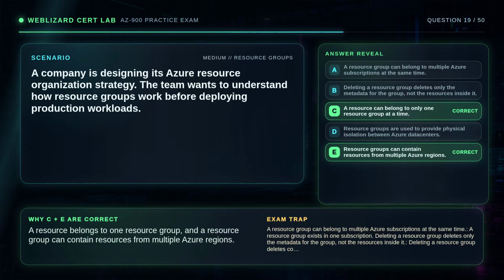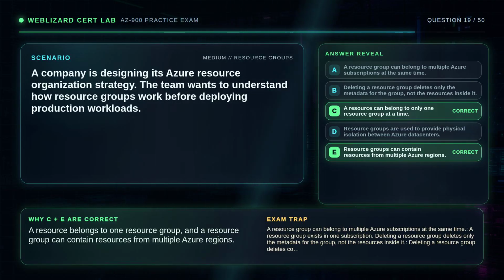Deleting a resource group deletes only the metadata for the group, not the resources inside it. Deleting a resource group deletes contained resources. Resource groups are used to provide physical isolation between Azure data centers. Resource groups are logical containers, not physical isolation boundaries. The exam clue is a resource has one resource group, but a resource group can contain resources from multiple regions.